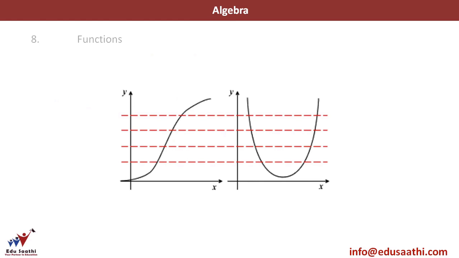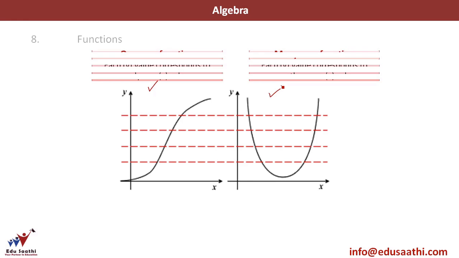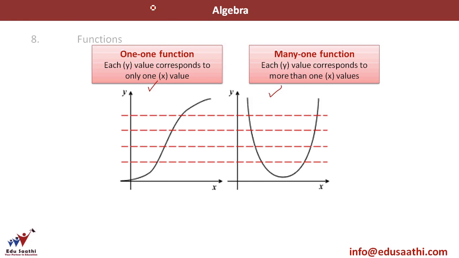Let's look at the two graphs which are there. If I look at graph 1 and graph 2 simultaneously, I'll be able to decide that graph 1 is for a 1-1 function. Each value of y corresponds to only one value of x. And graph 2 is a many-one graph.